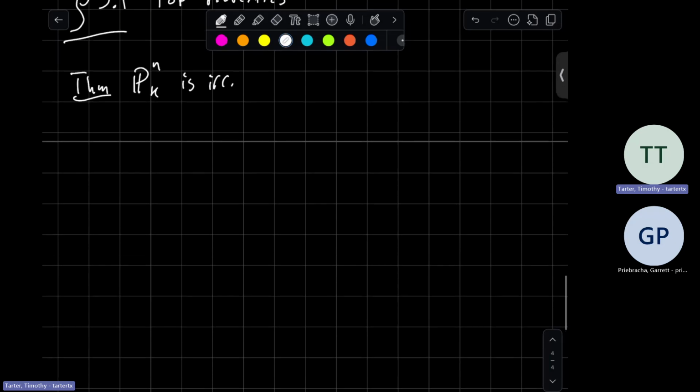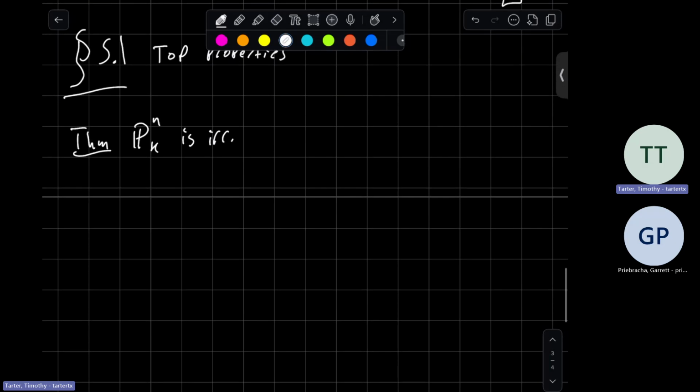And so yeah, this just works out: if affine n space is irreducible and we glue in an extra affine space with our projective way of gluing things, it stays irreducible. And I think that that is the core of what we're getting at here.